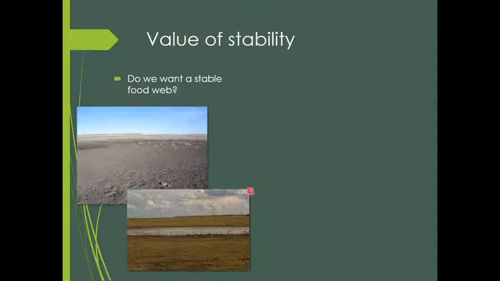My aquatic temporary ephemeral wetlands, for most of the year, look like this. There's no water there, and the playas then fill up with water and have a very short-lived hydroperiod. So when we're talking about stability in this context, how stable the food web is just doesn't make sense. There is essentially no stability in the food web over time.